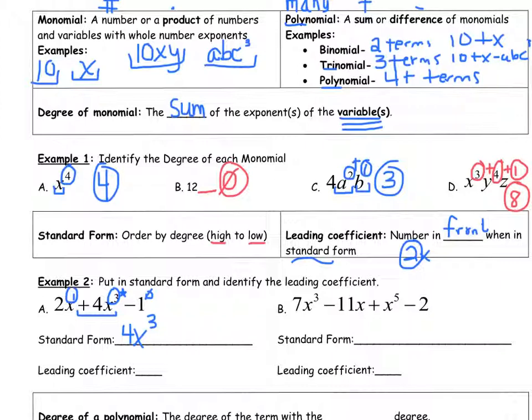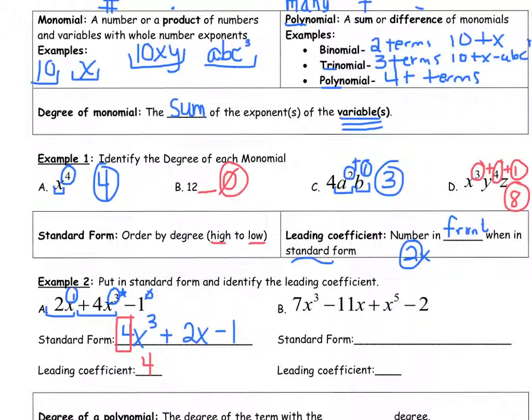And then the 2x to the first comes next. It's positive, so plus 2x to the first, and then finally the minus 1. Your plain numbers, since they don't have a letter by them, the degree will always be 0, and so those will always be listed last. Next, we'll write down the leading coefficient, which is just the number out in front, once it's in standard form.